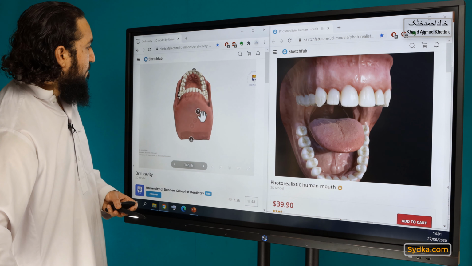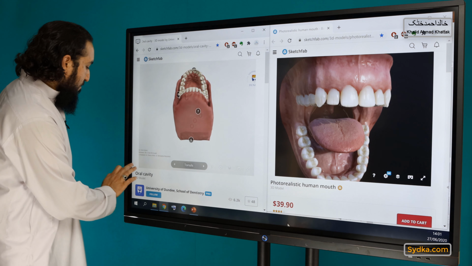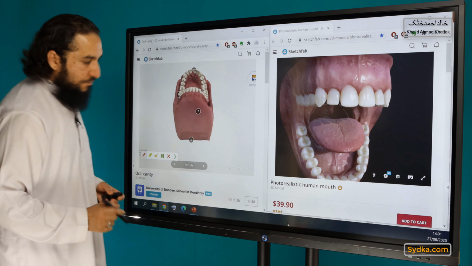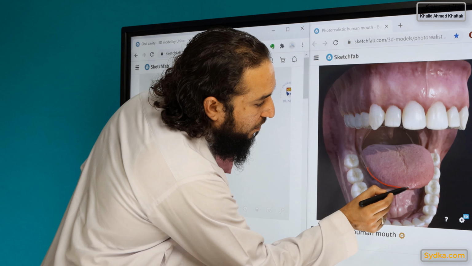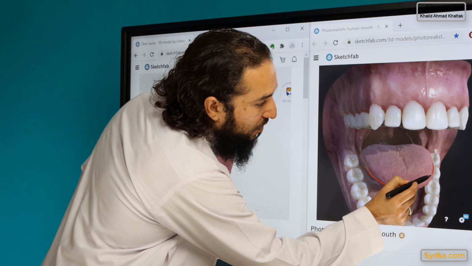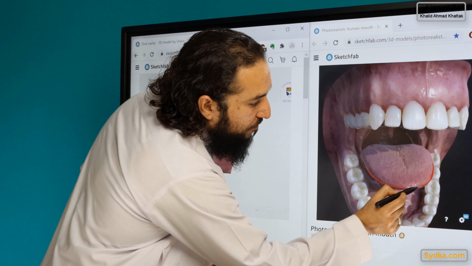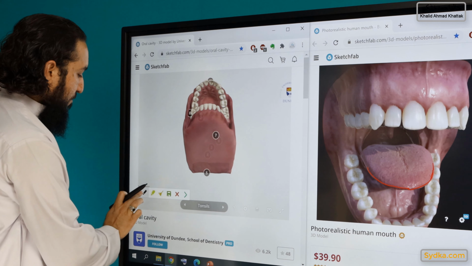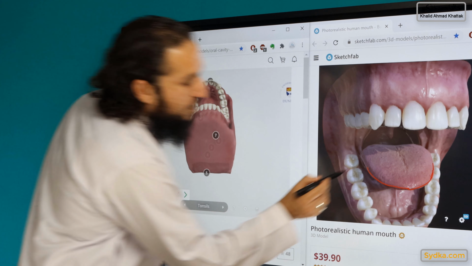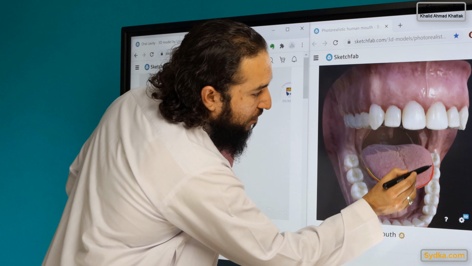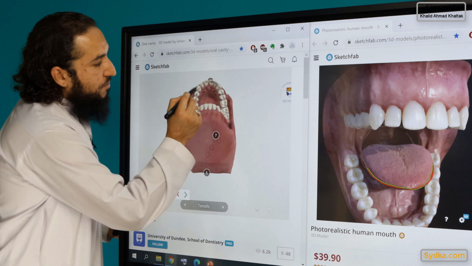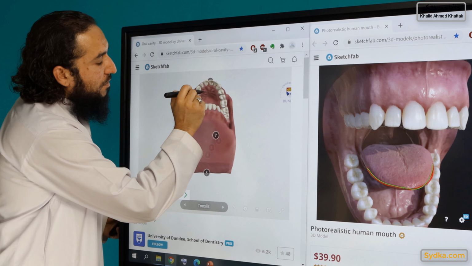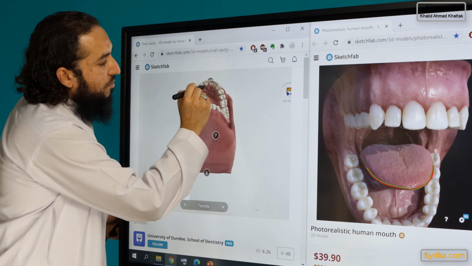So from the nearest part of the tongue, this is where it goes to the top, to the tip of the tongue. Similar here, it's another color. And then it's going to touch the gum lines of these teeth.